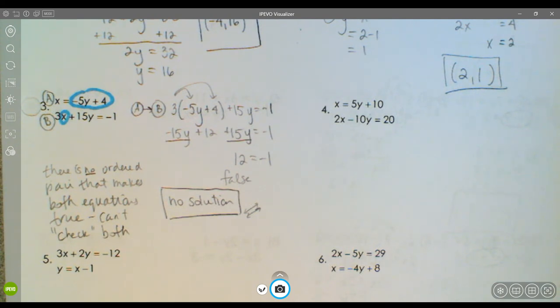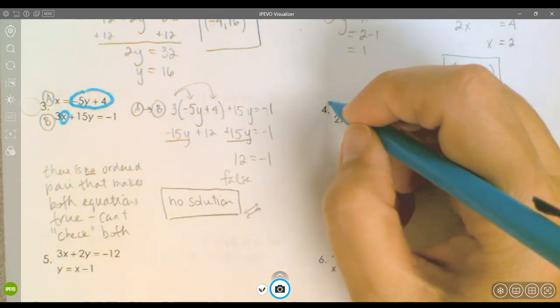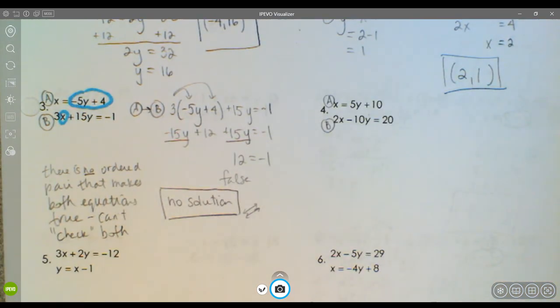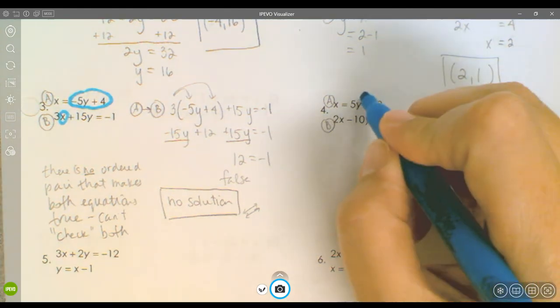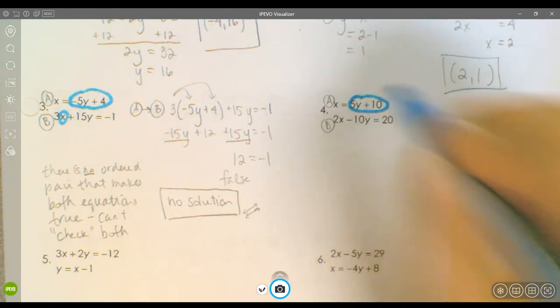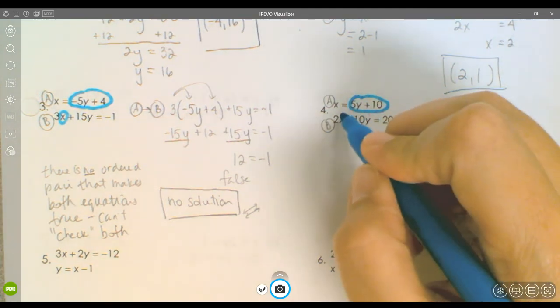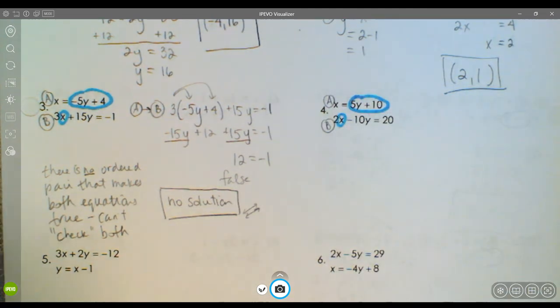All right, so let's look at number 4. When I have equation A and equation B, I see that x is isolated here, so I want to put this together. And all of that will substitute in there.